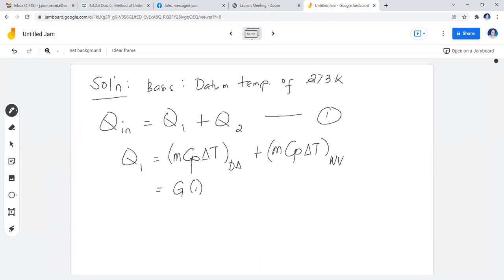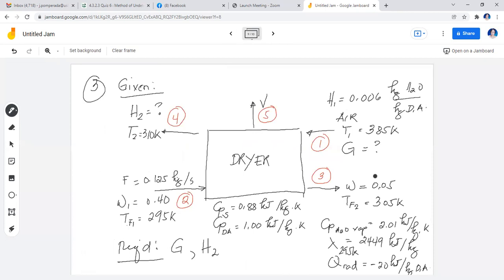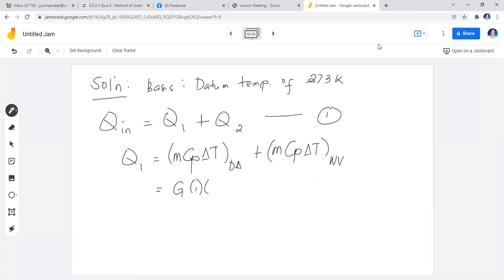And the delta T: our dry air is at a temperature of, based on the given, 385. So you will have your 385, and you will use its difference with the datum temperature, which is 273. So this is for our dry air.